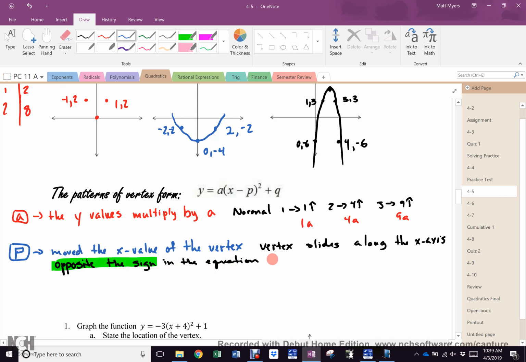So, x plus 3, the vertex slides left 3. x minus 4, the vertex slides right 4. Is everybody cool?